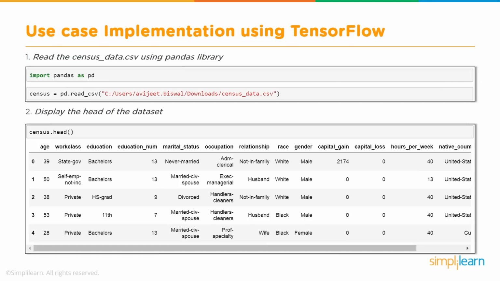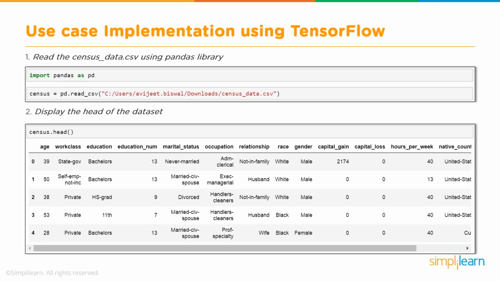And those familiar with machine learning will know, you need to split your data into training and test data sets. All that can be done using regular non-TensorFlow libraries, like Pandas, Scikit-learn, and so on. So we use that to prepare the data and then use TensorFlow for performing either the machine learning or deep learning activity.